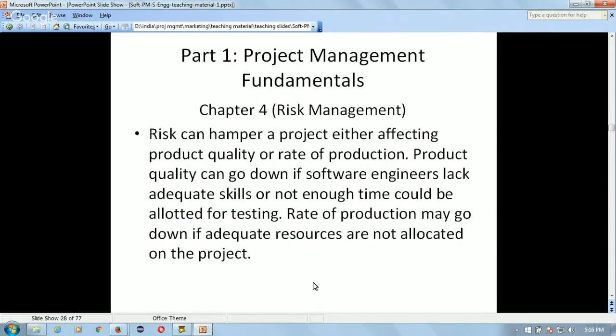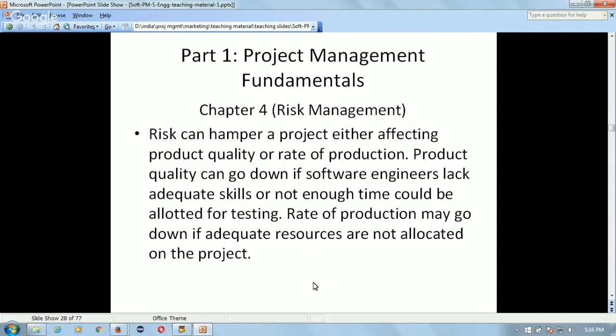Risk can hamper a project, either affecting product quality or rate of production. So in two ways, project risk can hamper a project: the product quality getting less than required, or production going down.